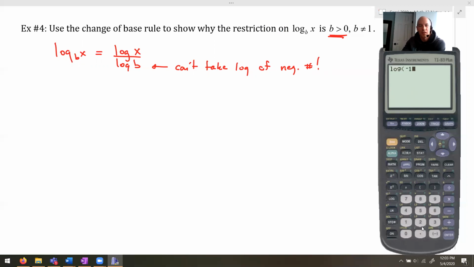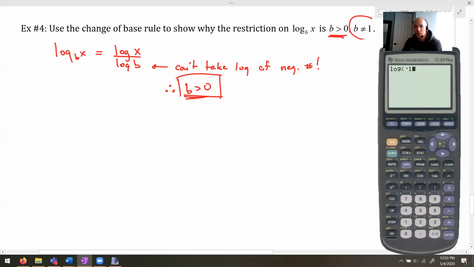So you can't take the log of a negative number. Therefore we would say b must be bigger than 0. Okay, this is not a complicated question, but it's another way we can look at why these restrictions exist. If you don't really understand fully the argument that an exponential function has to have a positive base, you can also say that you cannot have log of b on the bottom, because you can't take a log of a negative number.